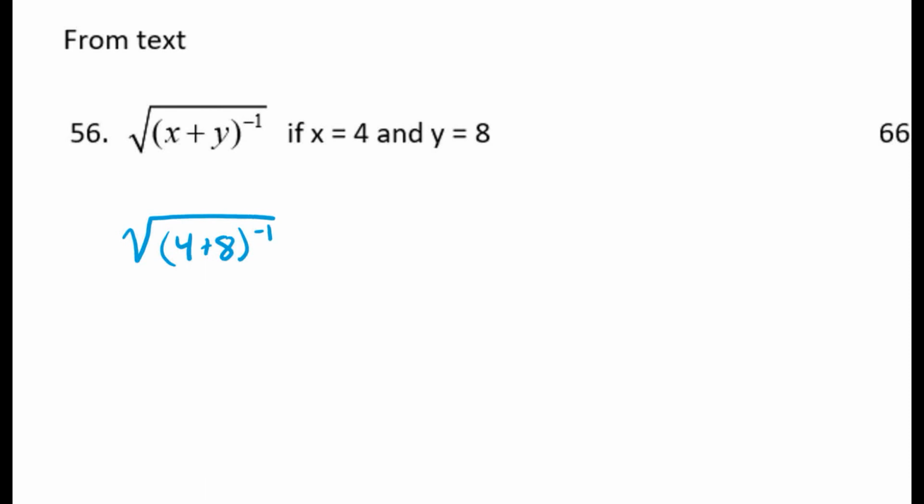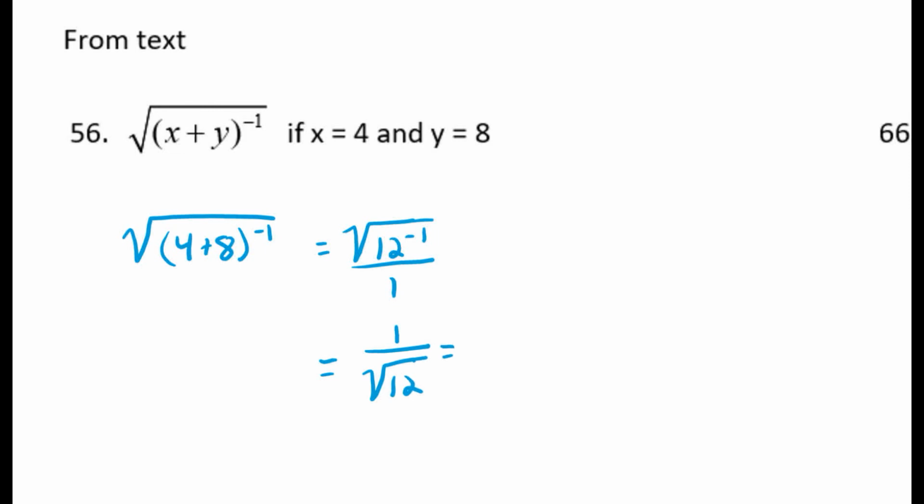And then I'm going to get 12 to the negative 1. Now we want to remember that, again, we would write that on the other side of the fraction bar, which, again, there's no fraction bar here, but remember we can write that over 1. So we're going to write this as 1 over the square root of 12.